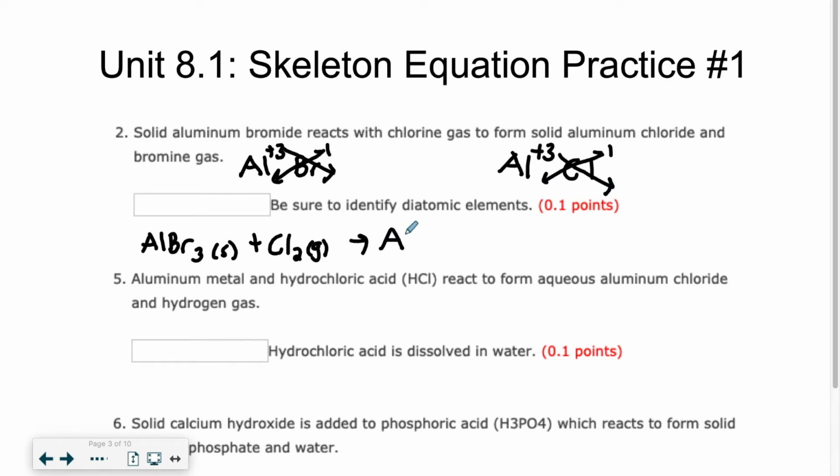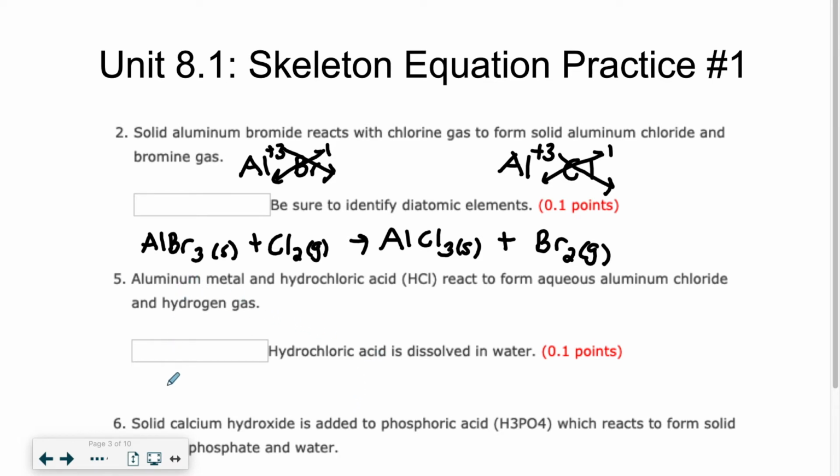So I end up with AlCl3, and they told us that that was a solid. We are also making bromine gas, so plus Br2, and that's going to be a gas. The 2 is here because bromine is also a diatomic element, just like the chlorine. Now, for these equations on this assignment, we were not supposed to balance anything, so you should not have any coefficients out in front. We're just writing the skeleton equation, which is not balanced.